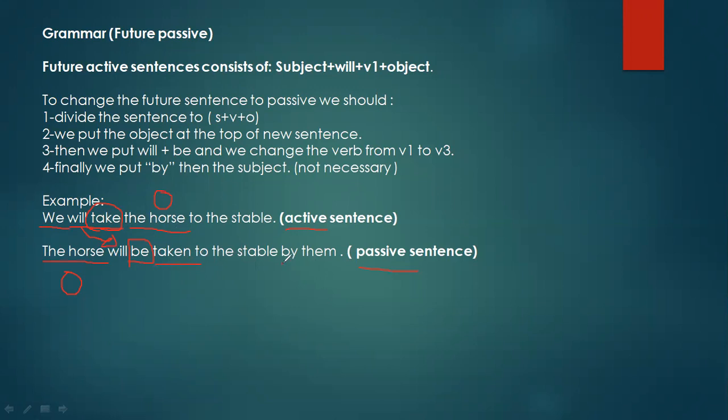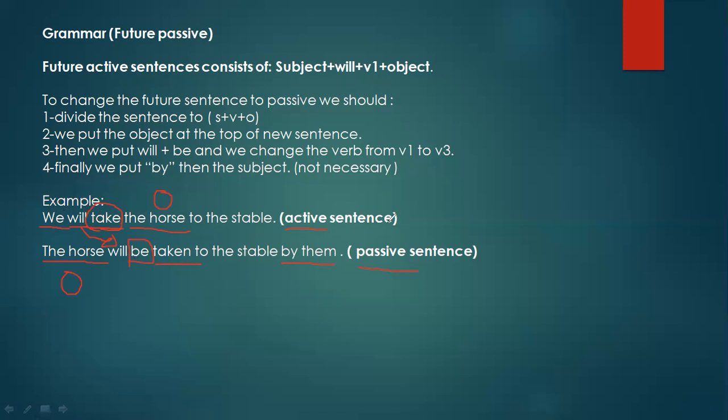It's optional to put by. Finally we put by, then the subject, which is we. It's not necessary; it's optional. So we said we should divide the active sentence into subject, verb and object.